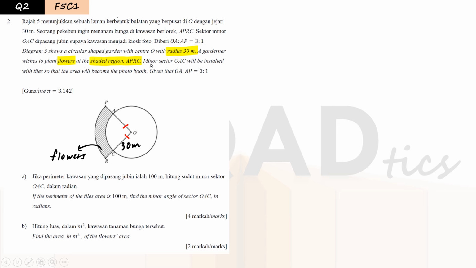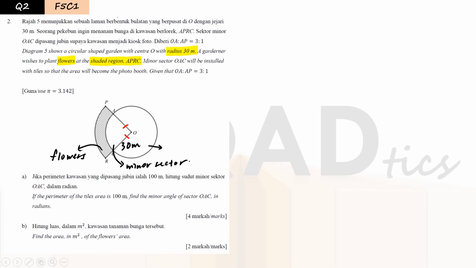So what is a minor sector? If you see the circle here, it is split into 2 parts, and each of these parts has its own name. The small part here is called the minor sector.